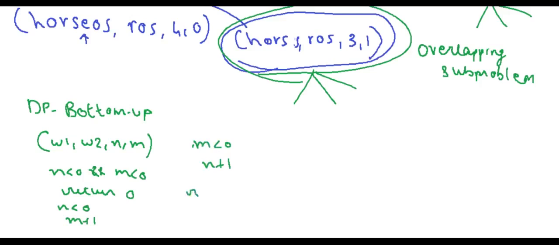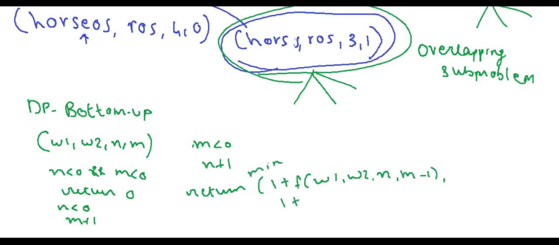And then we return 1 plus a recursive call to the function. This is insert. We return the minimum, again making a recursive call for delete, and then replace.